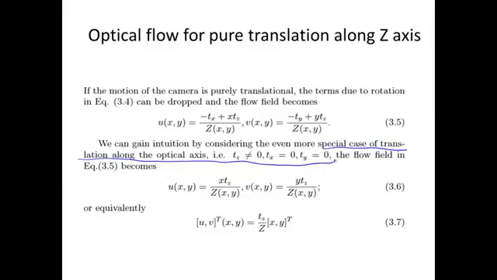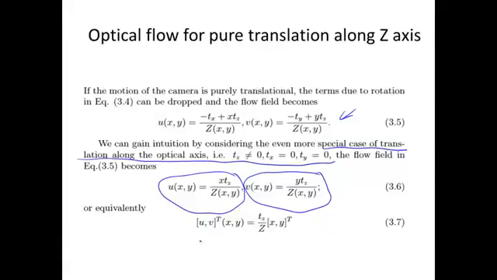What does the flow field become? We can start with the expressions here and we can substitute that t sub x and t sub y are 0. So we get the expressions shown here for the x component of the optical flow u and for the y component of the optical flow. And let me do my standard trick of writing these two scalar equations as one vector equation, and that's what I do here.